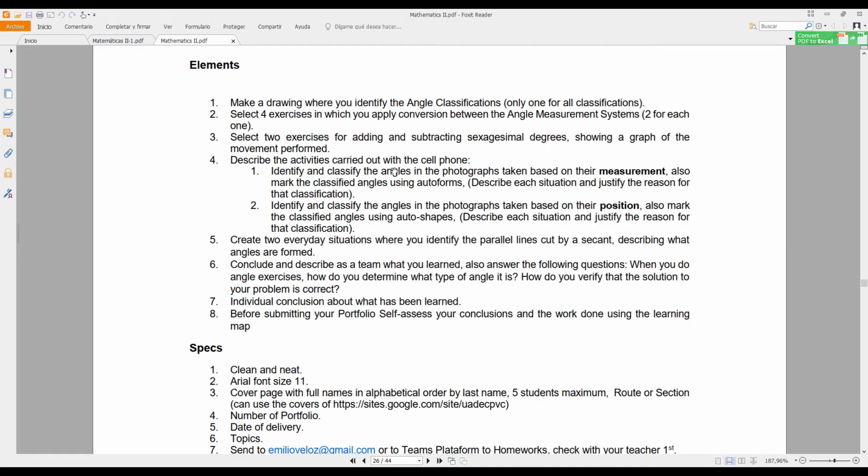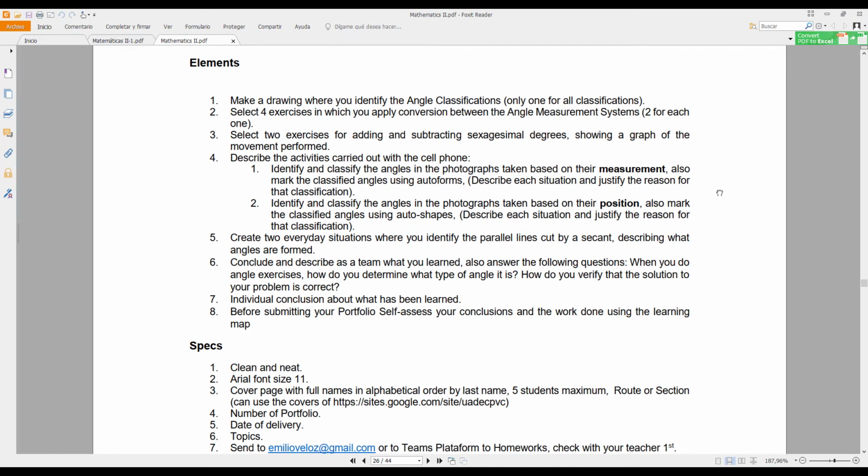Number 4: describe the activities carried out with the cell phone. It depends. If we are in in-person classes, you did that activity using the cell phone, taking pictures of all angles in the school.